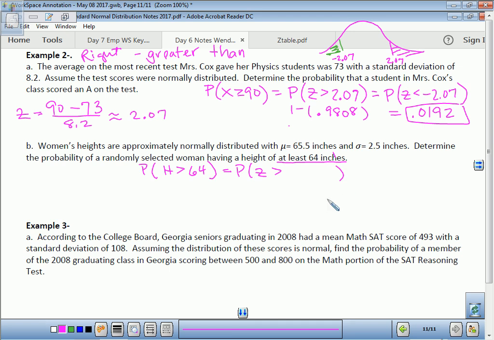Oh, okay. The z-scores. So we need, none of them work except for this one. So what we have to do is, okay.